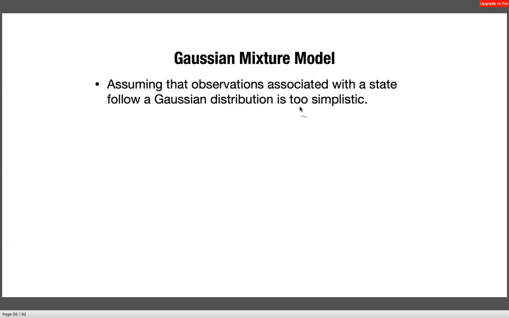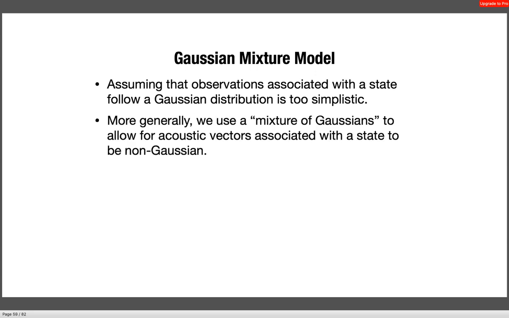So far we assume that the observations could be parameterized using a single multivariate Gaussian distribution. But this turns out to be very simplistic because a single multivariate Gaussian is unimodal. And so this restricts the expressiveness of the underlying probability distributions that we can use for the observations, our acoustic observations.